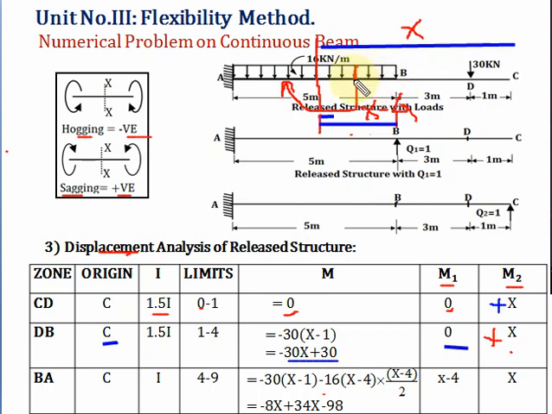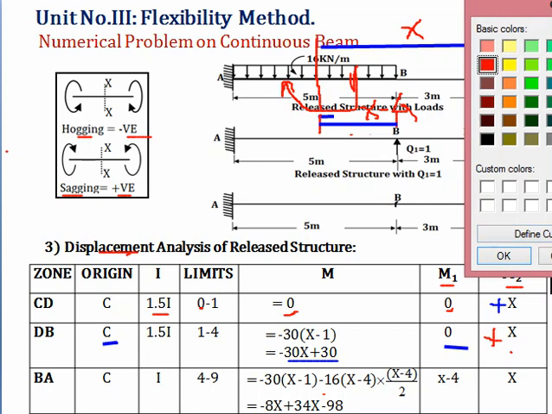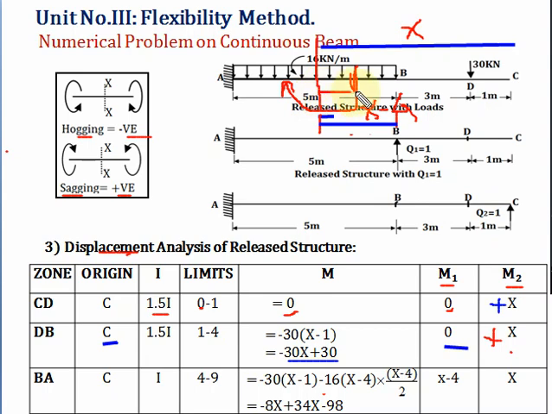Here we have to find the center. The center will be at x minus 4 by 2. So 16 into x minus 4 is the force, and this is the distance from the CG of this UDL. If you solve this expression, we get minus 8x squared plus 34x minus 98.